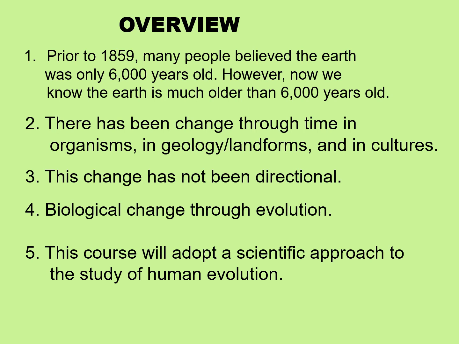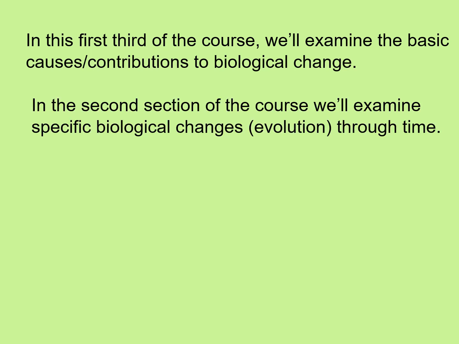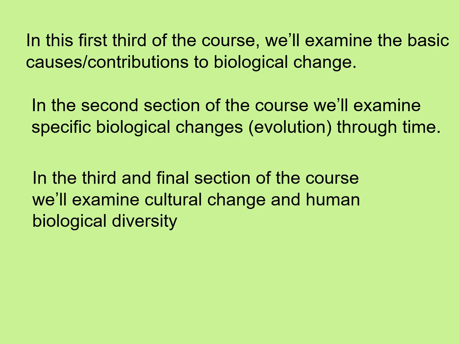Biological change occurs through evolution, and this course will adopt a scientific approach to the study of human evolution. In this first third of the course, we'll examine the basic causes or contributions to biological change. In the second section of the course, we'll examine specific biological changes, that is, evolution through time. And in the third and final section of the course, we'll examine cultural change and human biological diversity today.